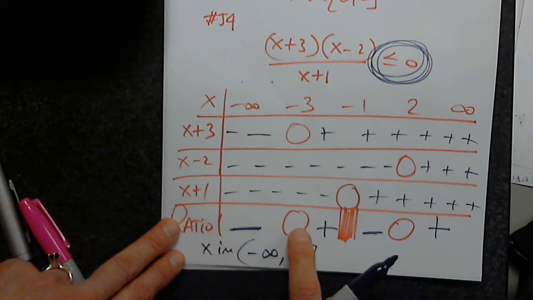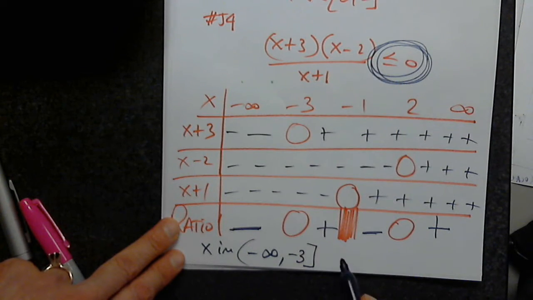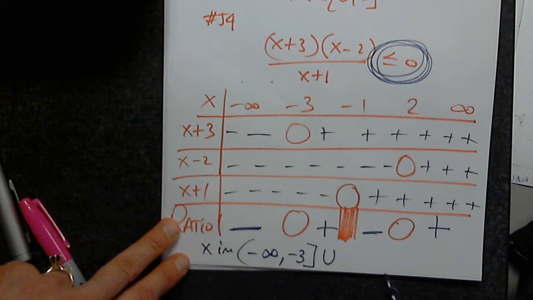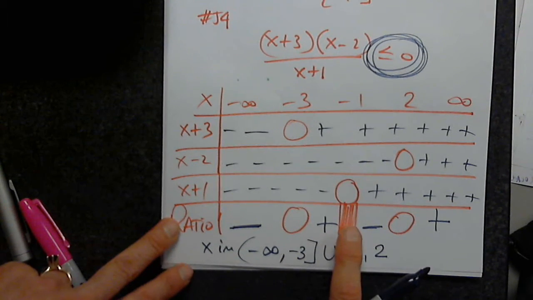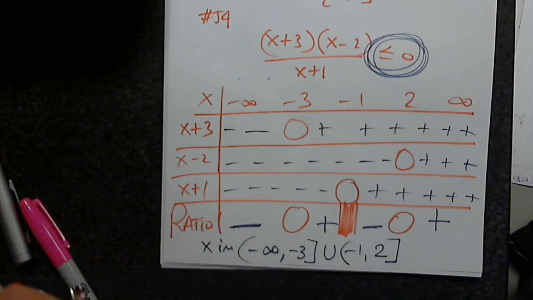Very good, because it can be 0. Awesome. Union, comma, okay. Which one? Yes, I cannot include negative 1. It's undefined, and the bracket at 2. Very good.